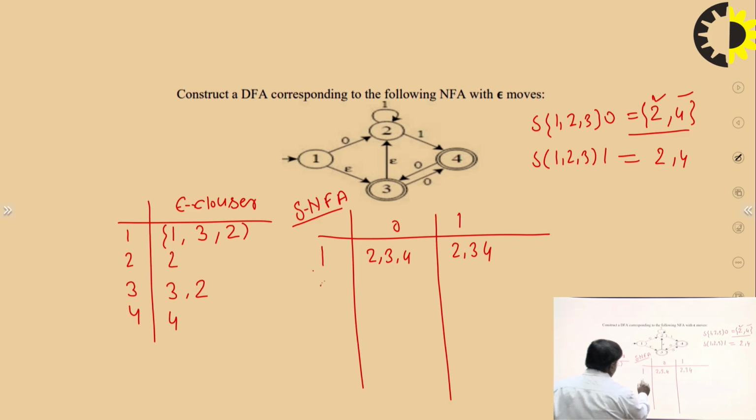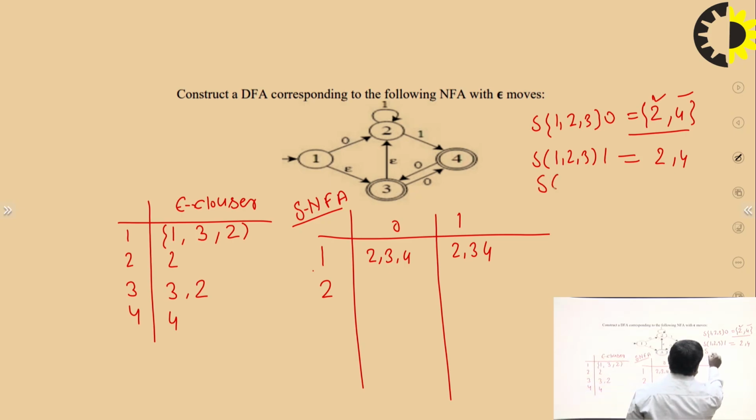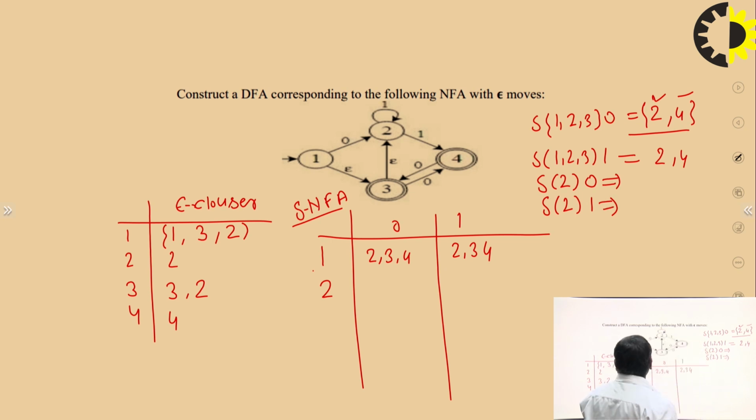Similarly for 2. What is the closure of 2? Again the closure of 2 is 2, and we check the transition on 0 and on 1 for state 2. For the transition on 0 from state 2, no transition is available, so here it is 5.